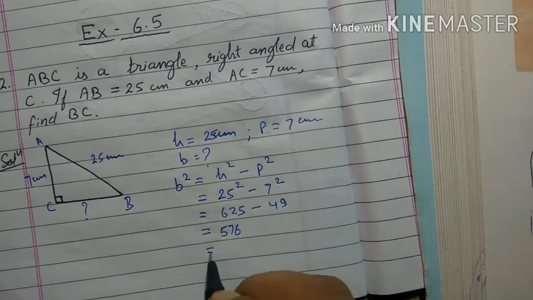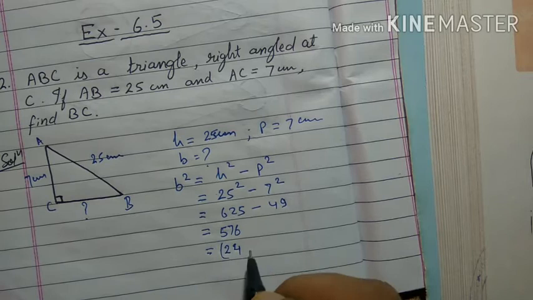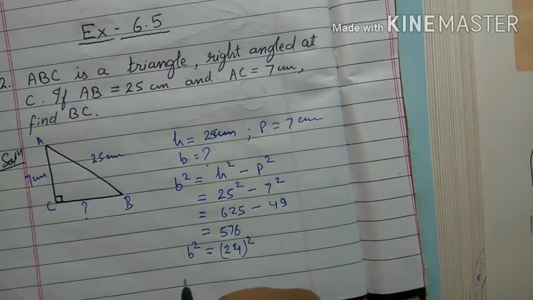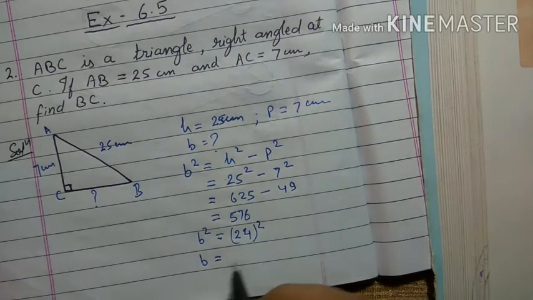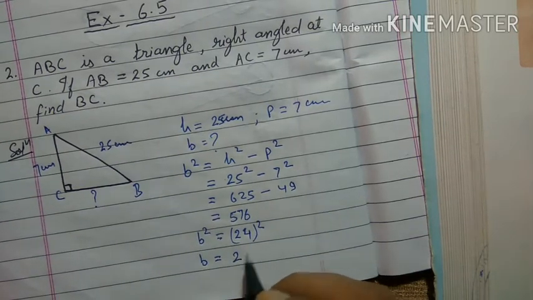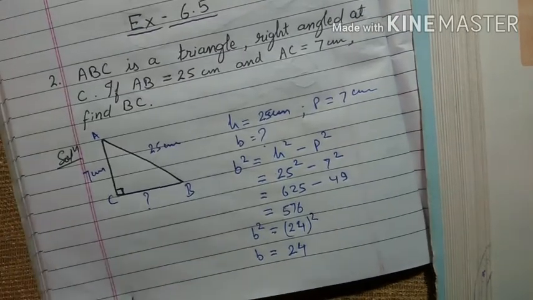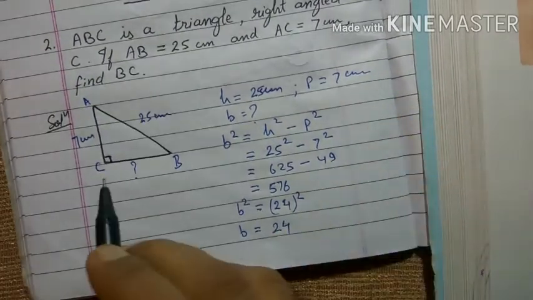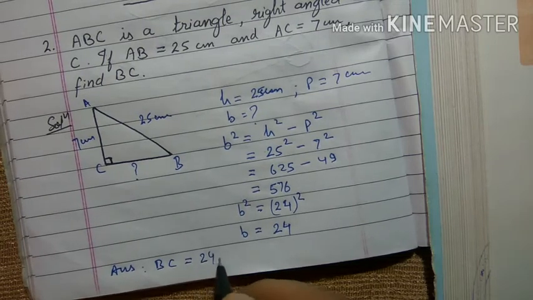And 576 is the square of 24. So base square is 24 square, so base is equal to 24. So the answer is BC is equal to 24 centimeter.